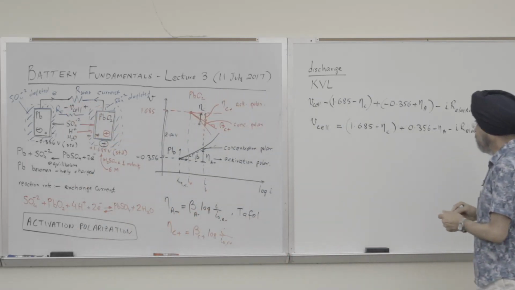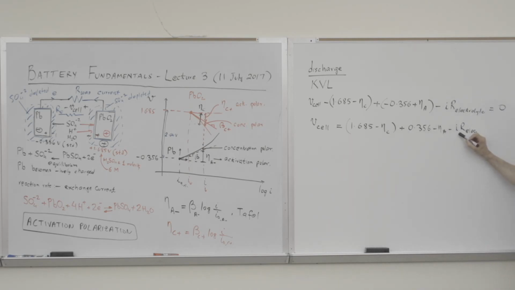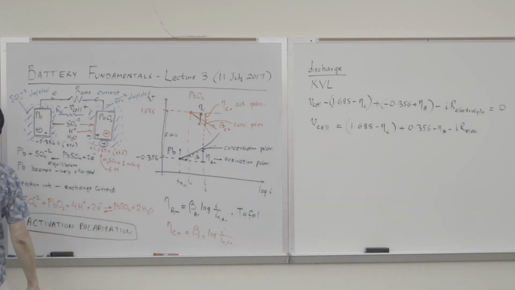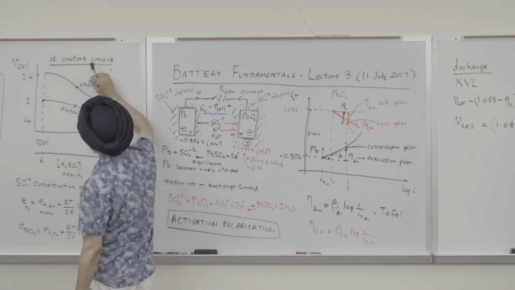Notice that the cell voltage depends on the current. If the current increases, this voltage goes down. That's the reason I'm plotting this at constant current.